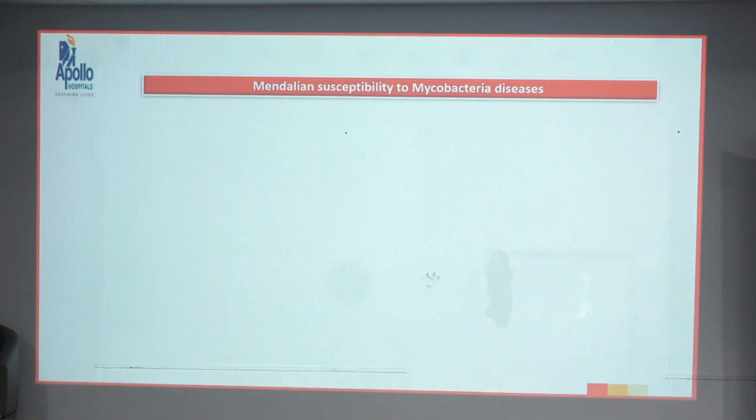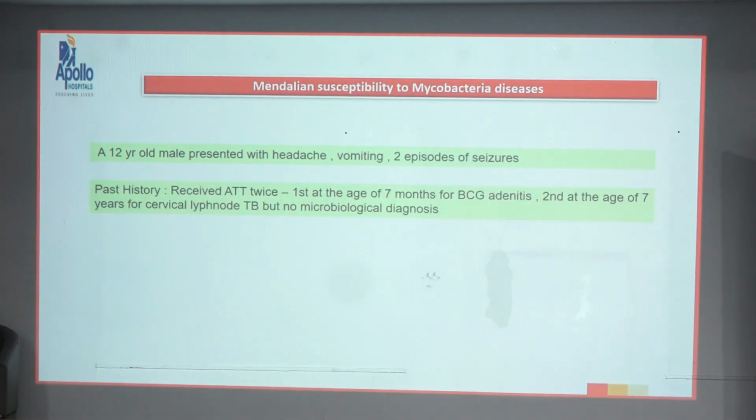Yes, it should be. Now, coming to a very rare type of tuberculosis, that is Mendelian susceptibility to mycobacterial disease, I'll present a case. It was a 12-year-old male who presented with headache, vomiting, and 2 episodes of seizures, but had a past history of receiving ATT twice, at the age of 7 for BCG adenitis and at the age of 7 years for cervical lymph node TB, but without any microbiological diagnosis.